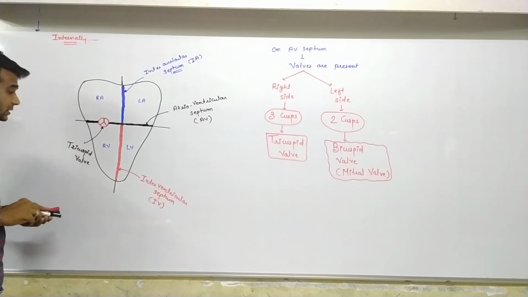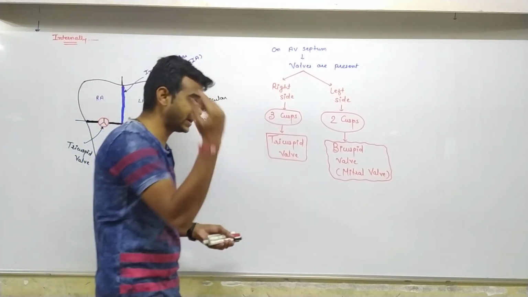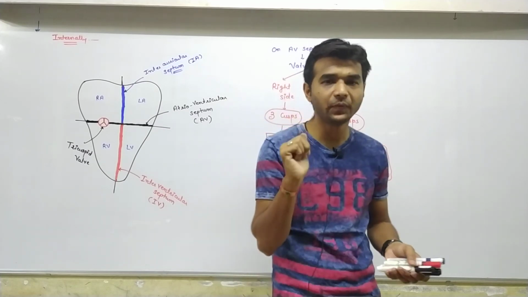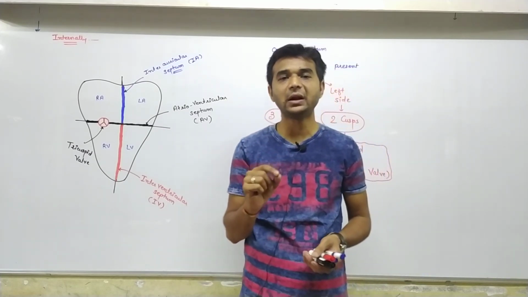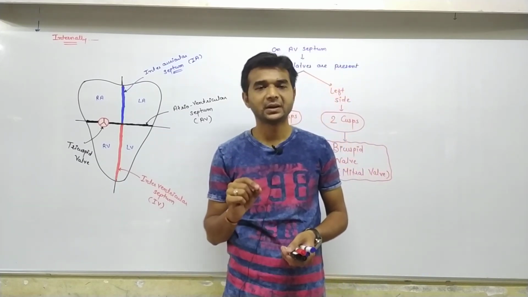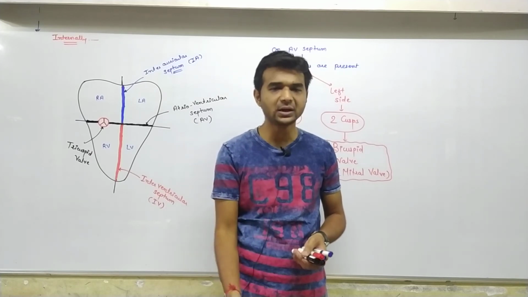This tricuspid valve prevents the backward flow from the ventricle to the auricle.